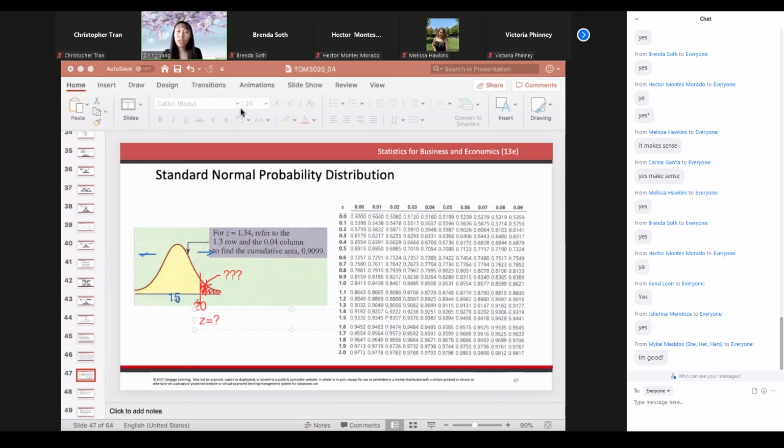Because if we need the probability, we need the z-score to look up in the table. So by doing this backward induction, if we want a probability, we need to calculate the z-score so we can do the mapping from the table. So now the real question becomes, how do we get to the z-score?